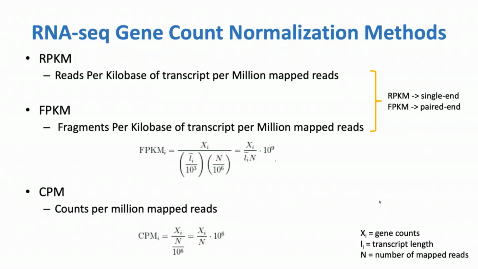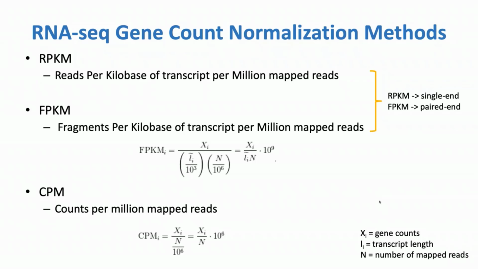In the end, you get the term Xi over Li times N times 10 to the power of 9. What's important is that if you apply this normalization for different samples for every gene, the samples will still not add up to the same value, right? So now let's keep going.